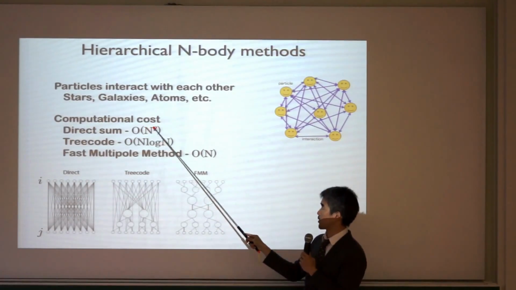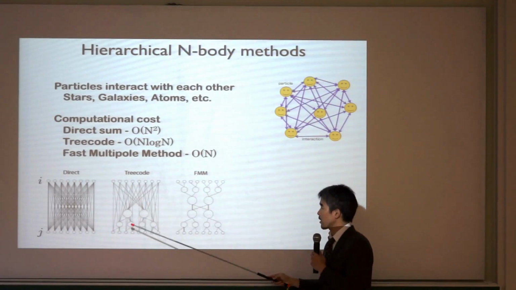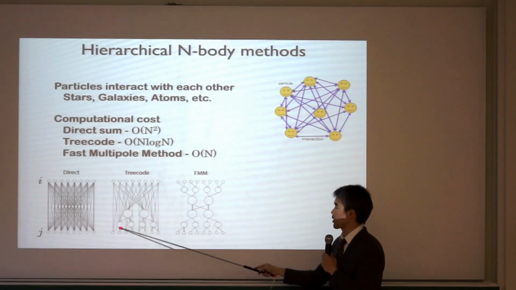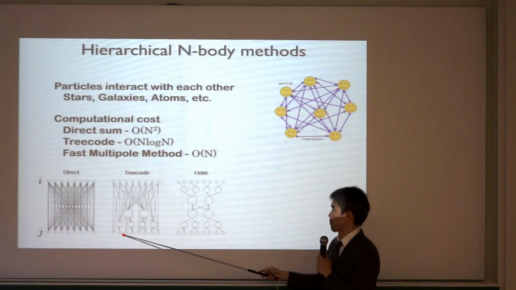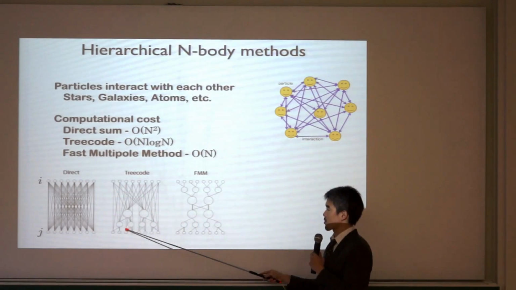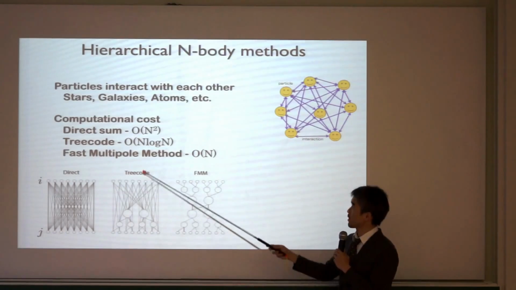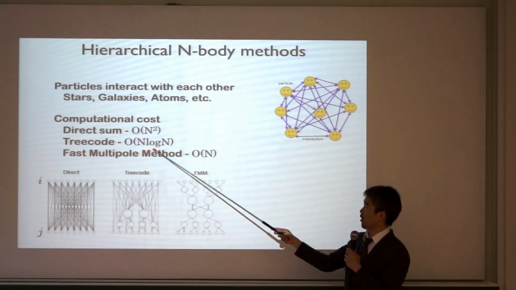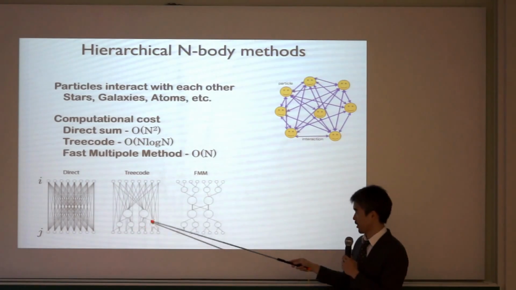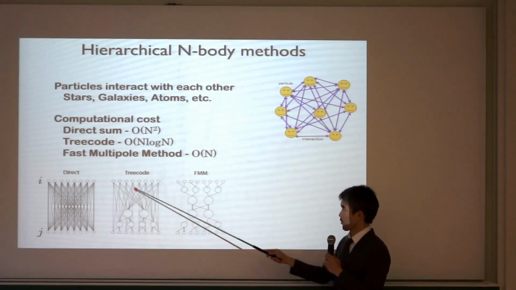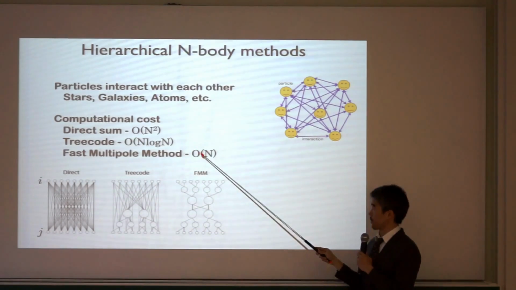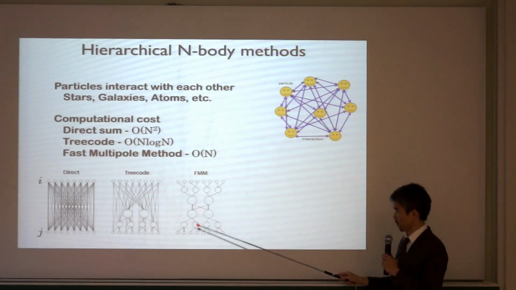So order n squared. And then if you can somehow cluster the far points into larger and larger representations, then the method becomes n log n. This is called a tree code, like this picture shows. The fast multipole method takes it further and clusters both sides.